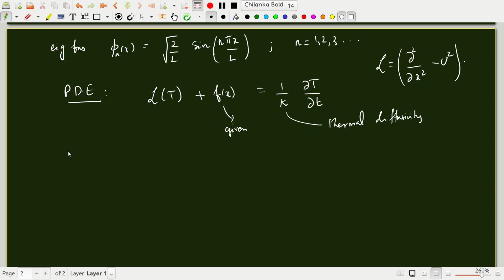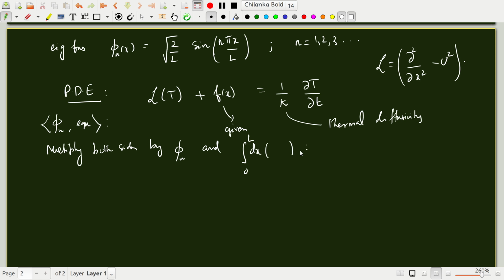So we are going to take the inner product of the entire equation with the eigenfunctions of this eigenvalue problem that we just solved, and integrate the entire equation like this.